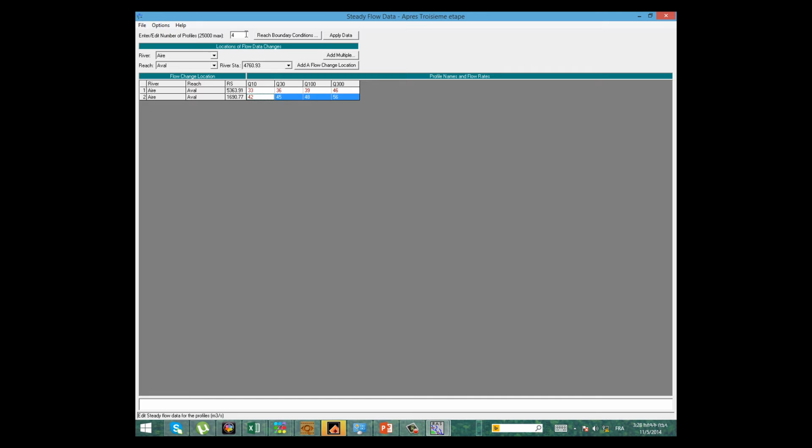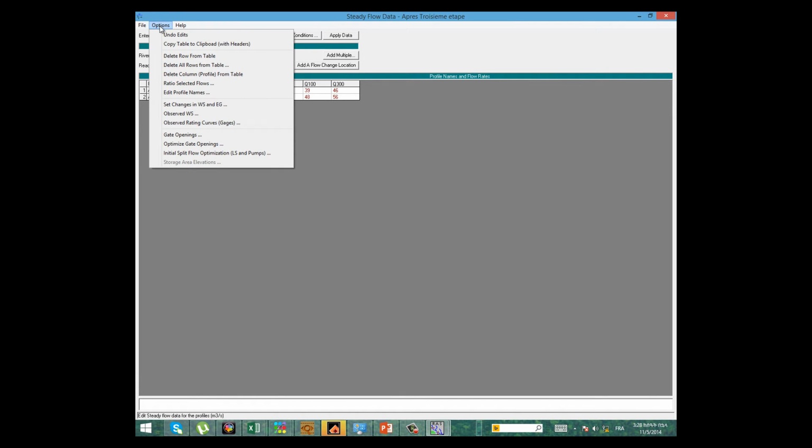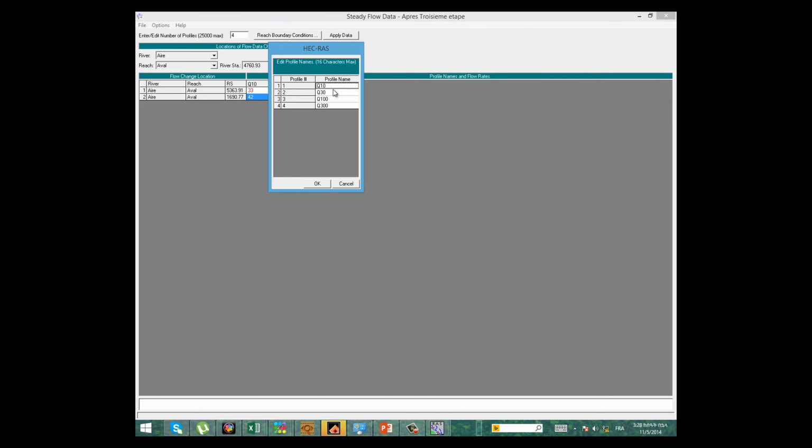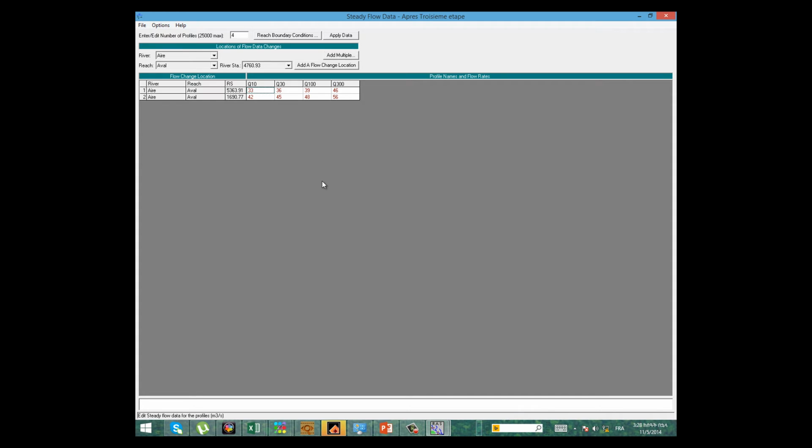Now we put 4 because we have 4 types of recurrence intervals. That means for Q10, Q13, and so on, up to Q100. That is a name. We can change the names, just edit the profile name and change these names like this. So it's very easy. You can see the previous video that shows every step.